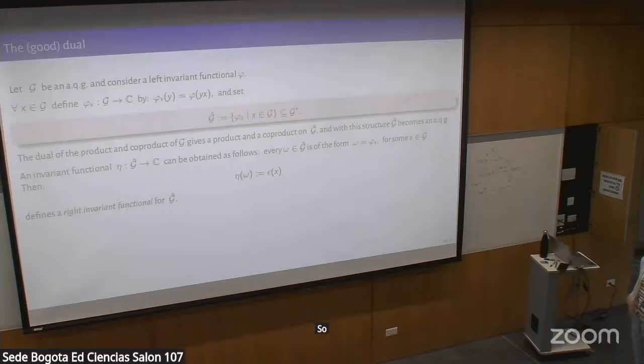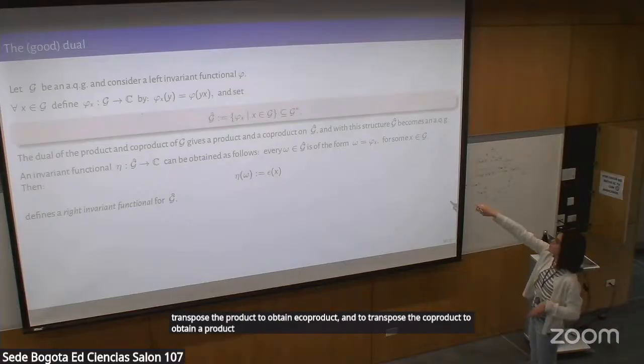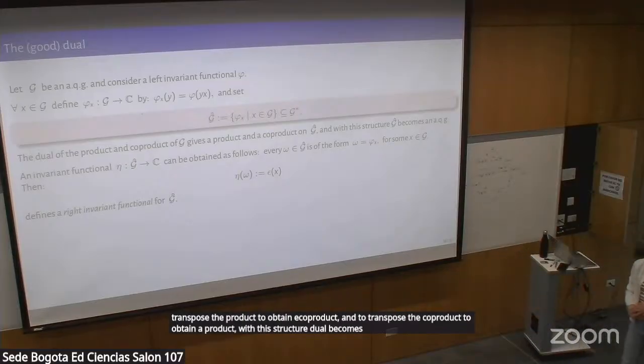So now if we take the product and the coproduct of G, and we use this idea of transposing the product to obtain a coproduct and transposing the coproduct to obtain a product, with this structure G hat becomes an algebraic quantum group. And what about the invariant functional?